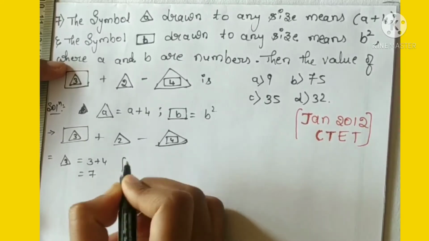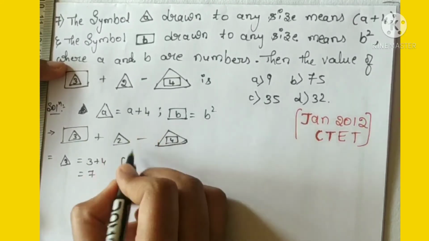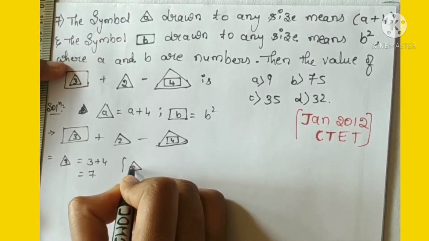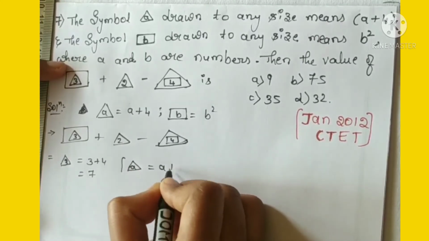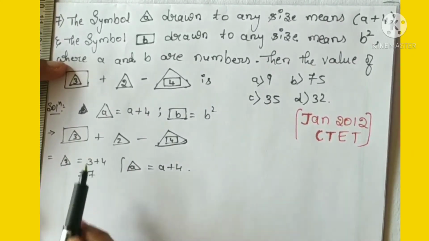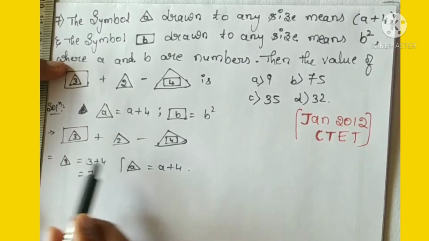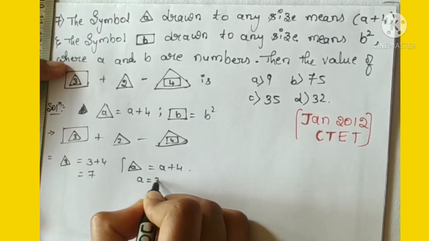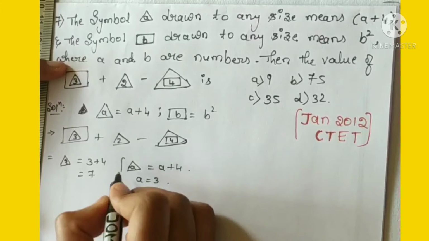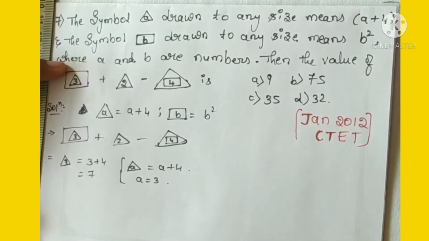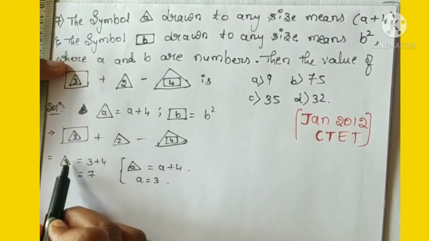Here I just apply this rule, that is triangle A is equal to A plus 4. Here A is equal to 3. Now I solve this triangle shape.